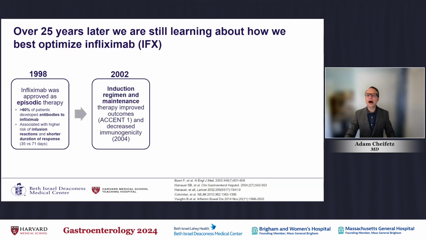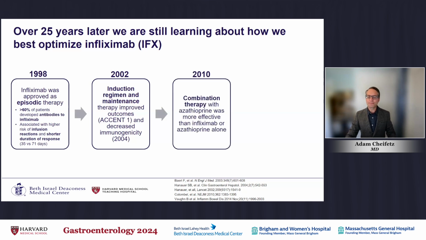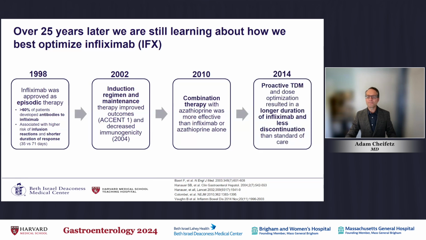It took almost 5 years for us to really show that an induction regimen and a maintenance regimen improved outcomes and decreased immunogenicity. It took over 10 years to really show that combination therapy with azathioprine was more effective than infliximab or azathioprine alone in a very specific population of patients that were bio-naive and azathioprine-naive with active Crohn's disease.